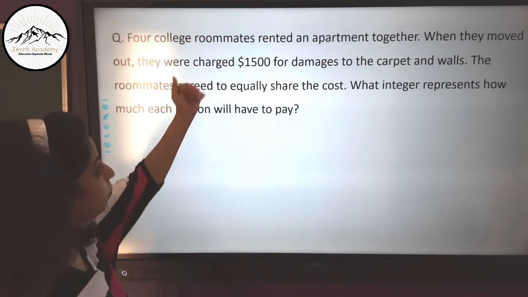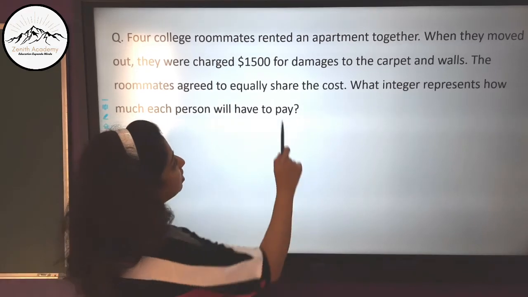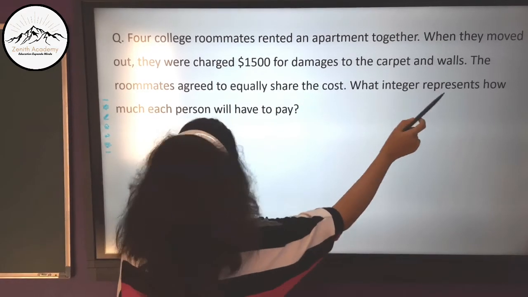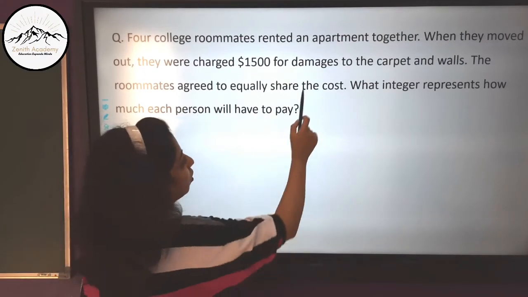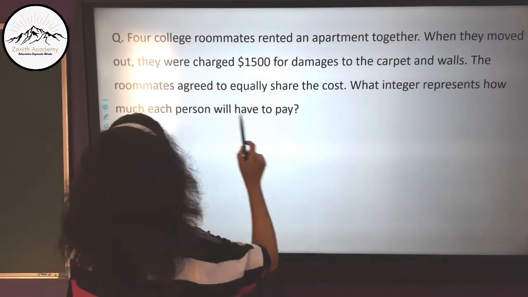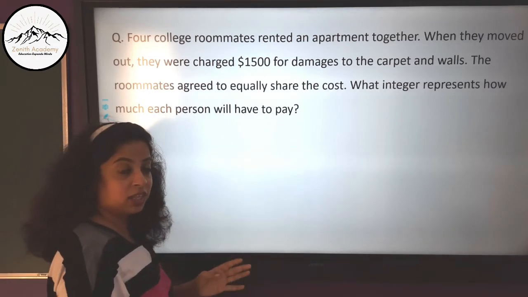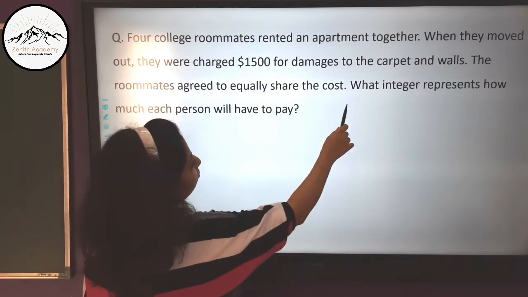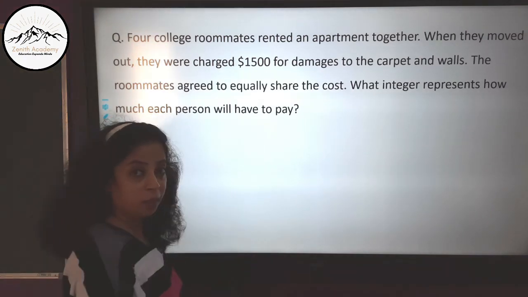4 college roommates rented an apartment together. Okay, so there are 4 friends, they have rented an apartment together. When they moved out, they were charged $1,500 for damages to the carpet and walls. The roommates agreed to equally share the cost. Obviously, if there are 4, they will share the cost. What integer represents how much each person will have to pay?